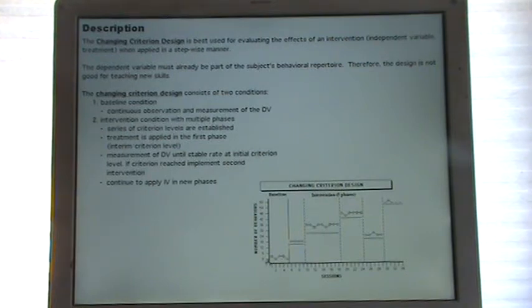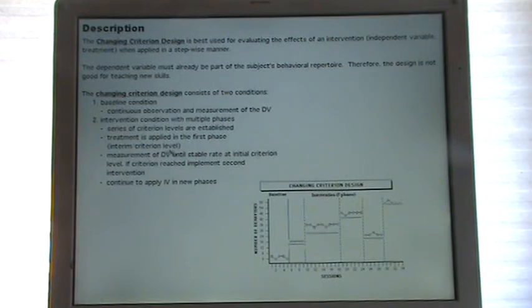So in baseline, the behavior is very low, and it's stabilized in terms of trend and level, and so we introduce an intervention. And that could be whatever. I keep saying positive reinforcement, but let's say it is positive reinforcement. So the baseline condition, that's one condition, and then the intervention condition with multiple phases. Each one of these is a phase.